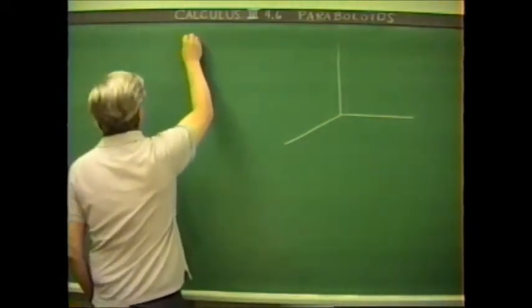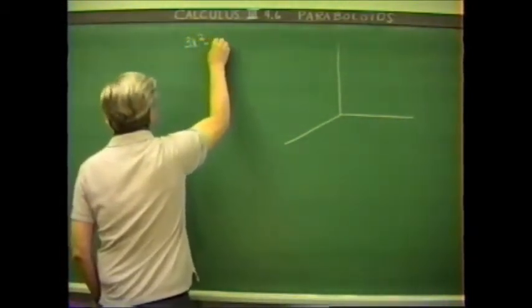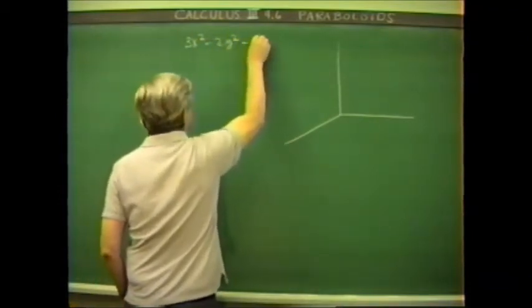Let's take a look first of all at, let's say, 3x squared plus 2y squared minus z is equal to 0.